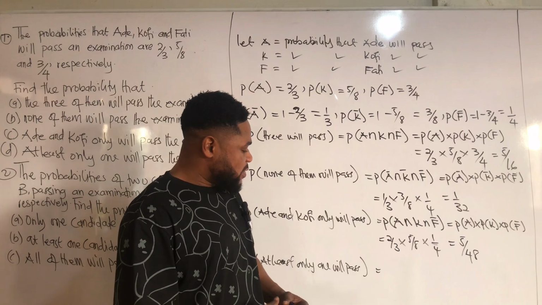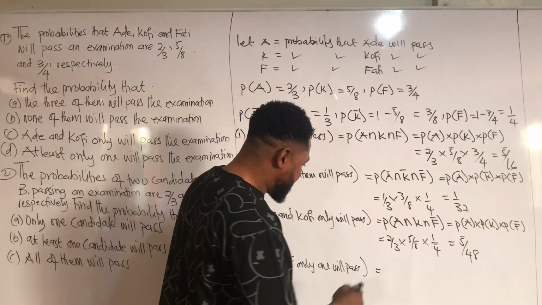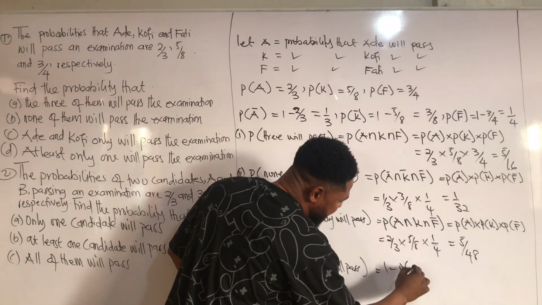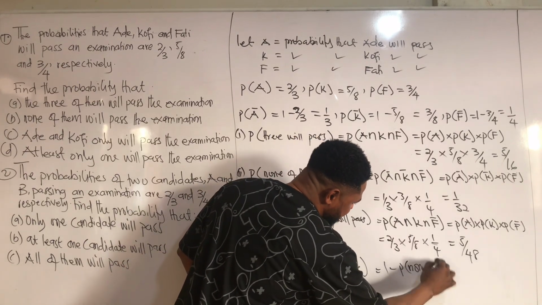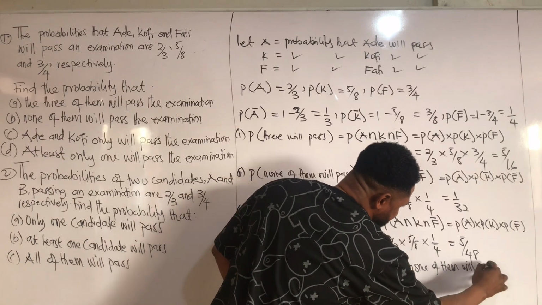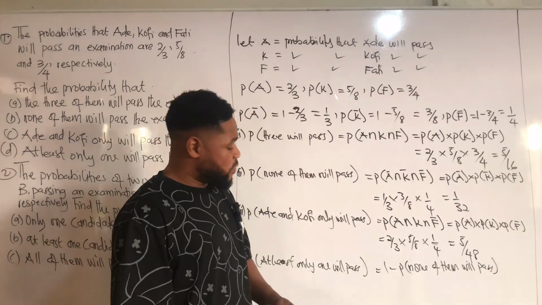At least one, we can use the short formula where we say at least one is equal to 1 minus probability that none of them will pass. So this formula is also good. We can also use it.